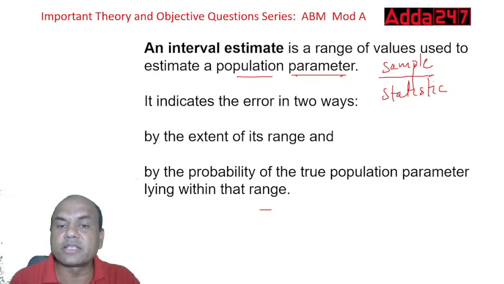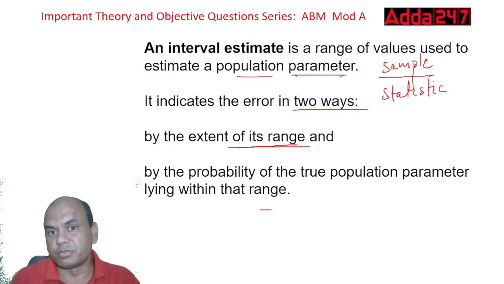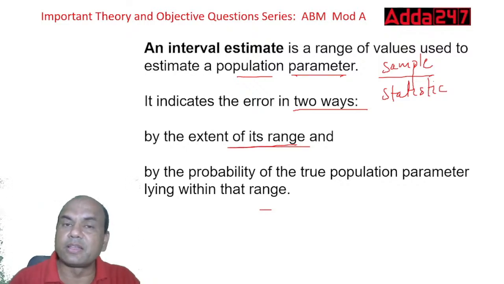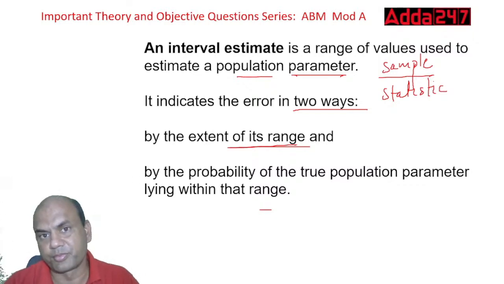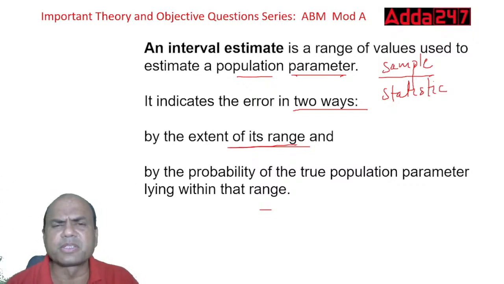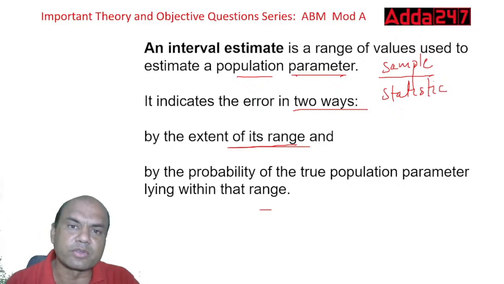It indicates the error in two ways. The extent of its range, means how far can this go. Suppose I ask you what India's score will be. Suppose there is a match going on, India is playing, and I ask you, in 20 overs, what will be India's score?